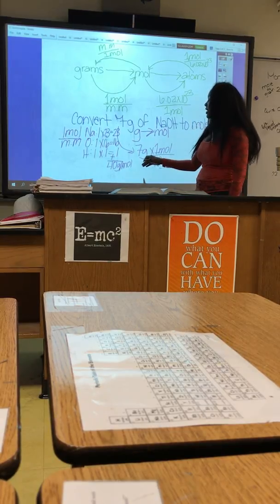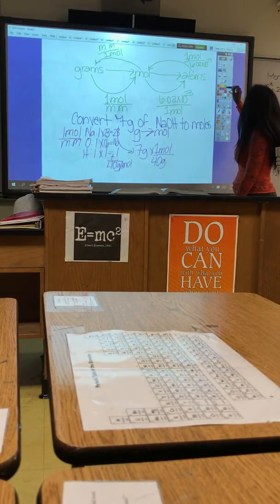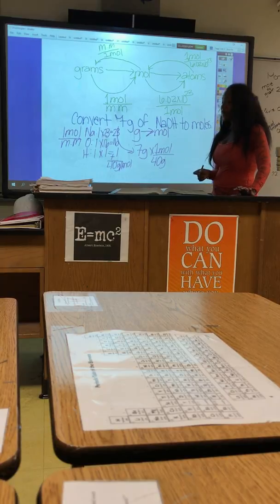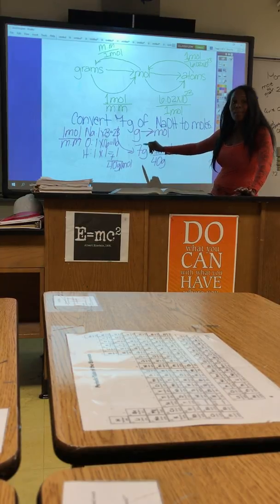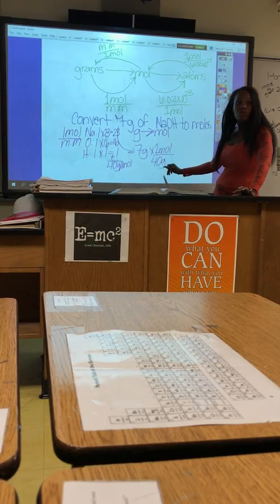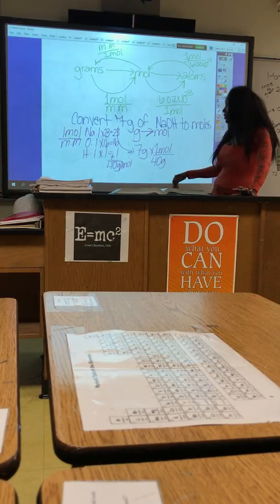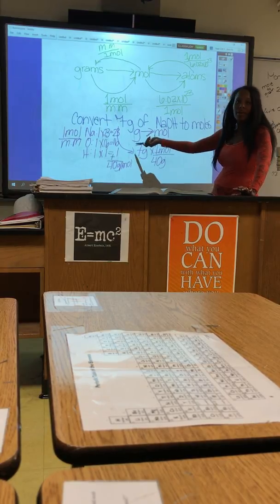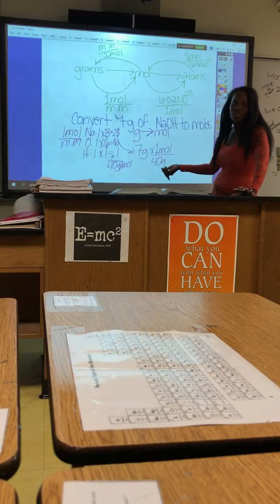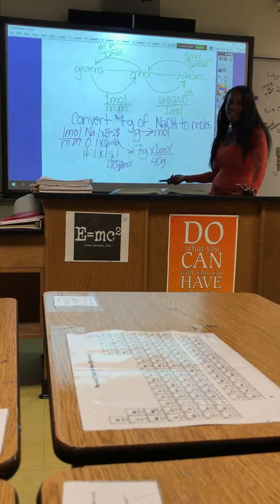To make sure you're doing it right, what's up top should match what's on the bottom. In other words, your numerator on the side should match the denominator, so that they can cancel out.